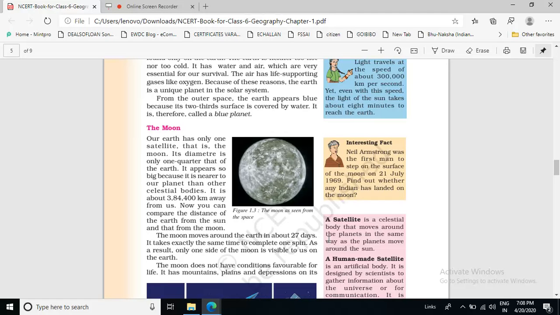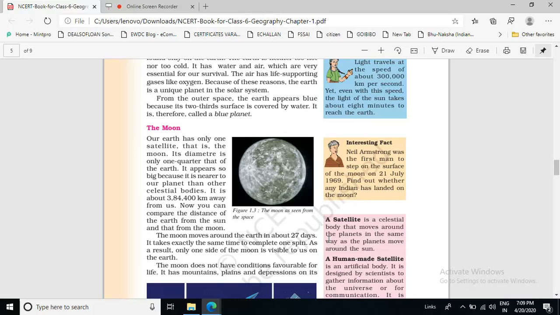If we compare the distance of the sun and the distance of the moon from the earth, we find that the distance of the sun from the earth is very great, but the distance of the moon from the earth is not very far away.